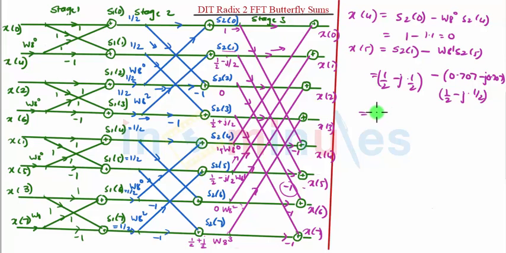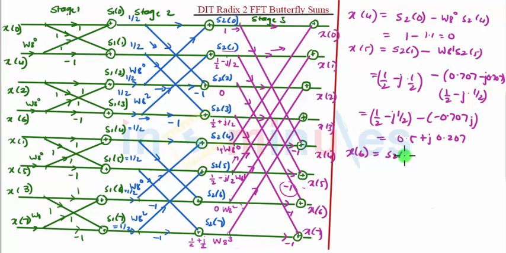Finally gives the answer as half minus j into half minus 0.707 into j, that is 0.5 plus j into 0.207. x of 6 is equal to s2 of 2 minus W raised to 2 s2 of 6, that is 0 plus j into 0. Again the answer is 0.